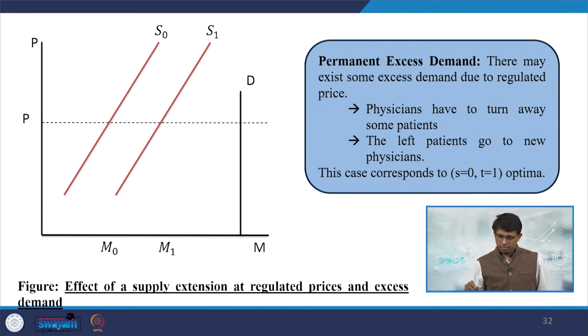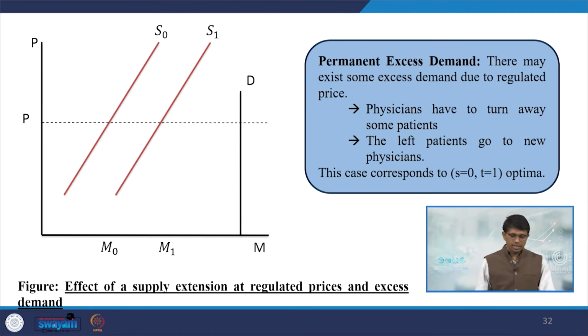That might be in excess of the induced cases. Physicians have to turn away some patients. The left-over patients go to new physicians, and this case corresponds to S equal to 0 and T equal to 1, that is the optimum one.